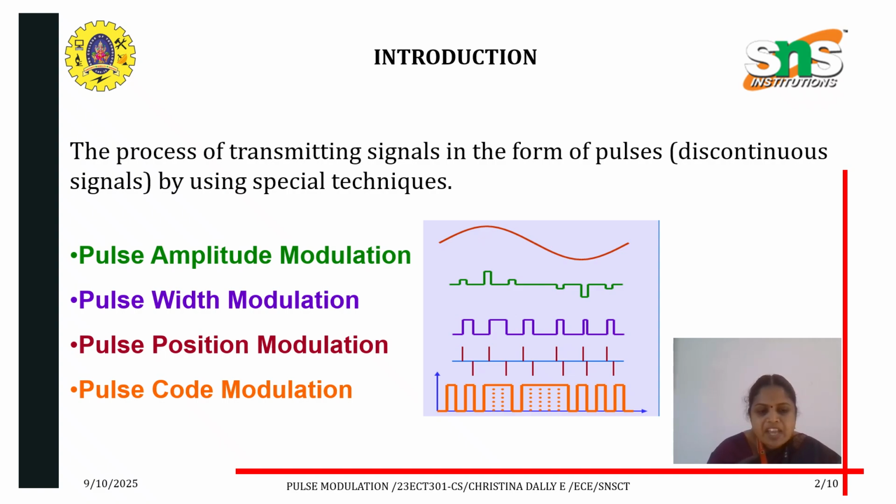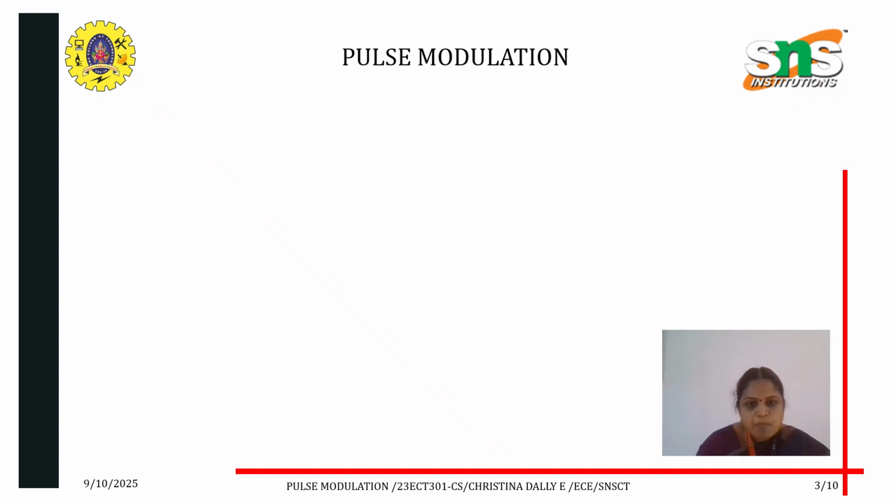We have various types of modulation: pulse amplitude modulation, pulse width modulation, pulse position modulation, and pulse code modulation. These are the various techniques we are going to see in this lecture series. Next, we are going to see the types of pulse modulation.